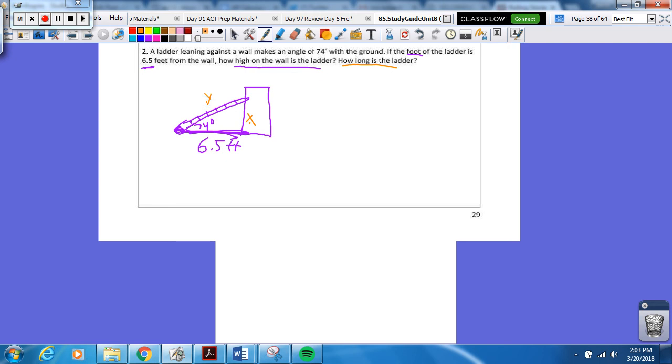Let's first isolate it. It's actually two different problems. So you've got 74 degrees and 6.5 here, and let's do x first, because that's what it asks for: how high on the wall is the ladder? This is opposite, this is adjacent, and this is the hypotenuse. I have opposite and adjacent. What am I going to use, opposite over adjacent? Tangent. So the tangent of 74 equals opposite, which is x, over adjacent, which is 6.5.